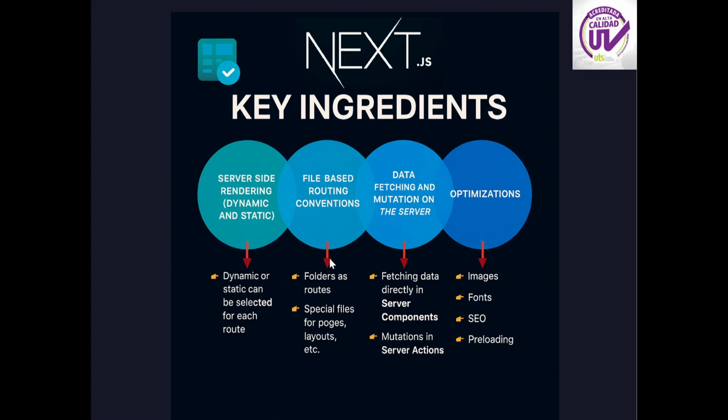And that's it. Yes? Folders as routes. The only thing that we need to do is to create a new folder. And that's it, no more. No need to write any code. And this was really a game changer when Next.js was first introduced.